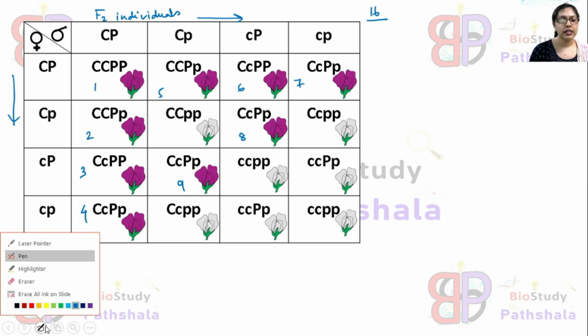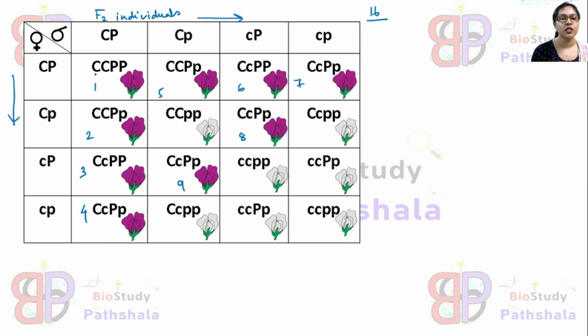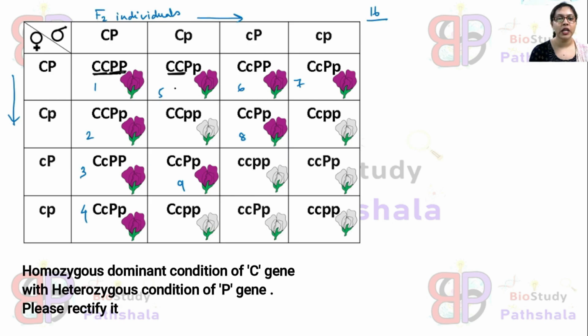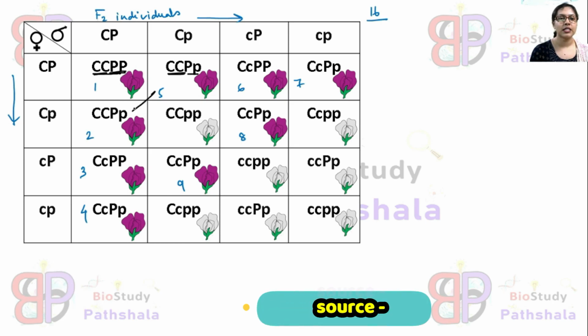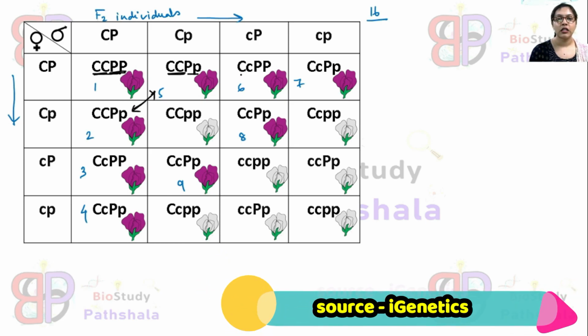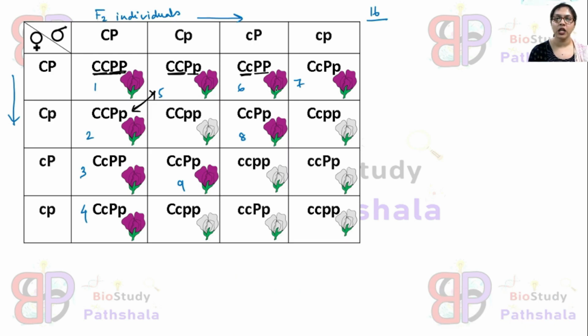Now among these individuals, the first one is showing the homozygous dominant condition of the C gene and the homozygous dominant condition of the P gene. Here you can see the homozygous dominant condition of the C gene and the heterozygous condition of the P gene. It is the same, and in this the heterozygous condition of the C gene and the homozygous dominant condition of the P gene is the same as this one, and this is the heterozygous condition of the C gene and the heterozygous condition of the P gene.